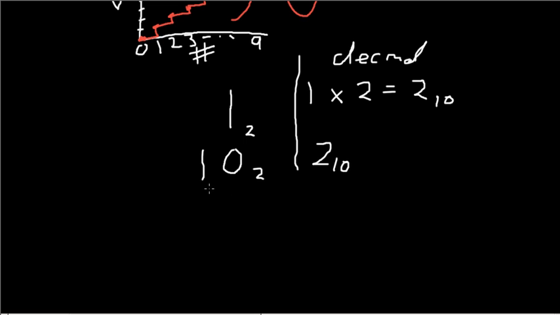So this would be the binary representation of the number 2. If we double this column again, which puts a 1 in this column instead, that would be double times 2, which is 2 times 2, which is now 4.